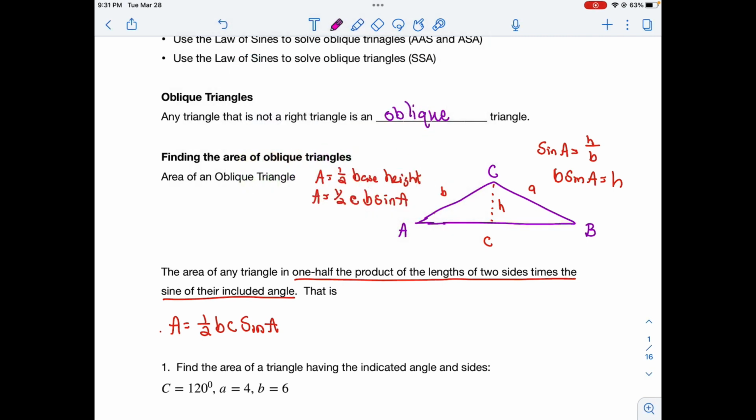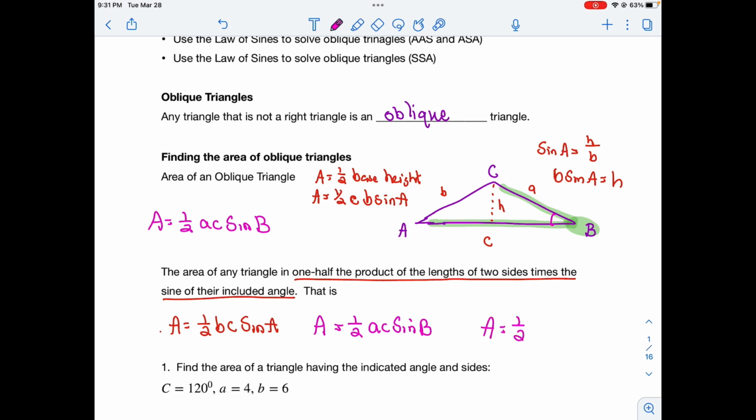So it doesn't matter which angle you use. Let's say I wanted to figure out the area and I have information about angle B. So area would be equal to, I take the lengths of the two sides that form that angle B, which would be a and c, and times it by sine of B. So our formula for area of a triangle could also be 1/2 ac sine of B. But what if I know angle C, and that's the only angle I know about the triangle?